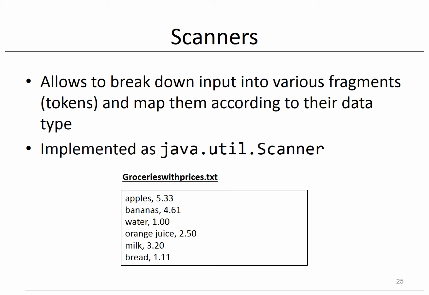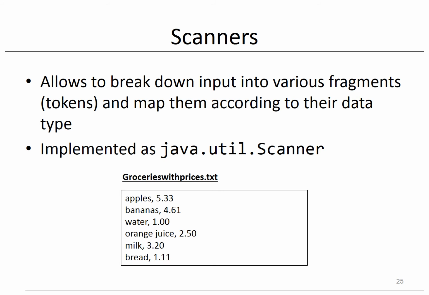As we already discussed, if your input data is binary, you can use data or object streams to read in everything correctly. If your data is given as text, we have seen how the BufferedReader class can help read the data line by line. But what if a line contains different fragments you want to appropriately parse?